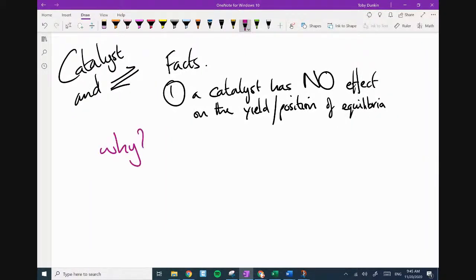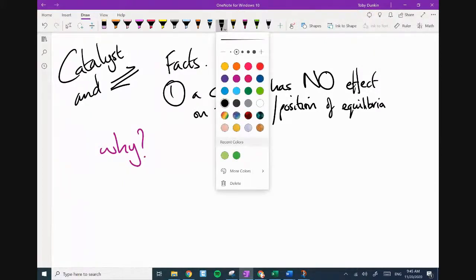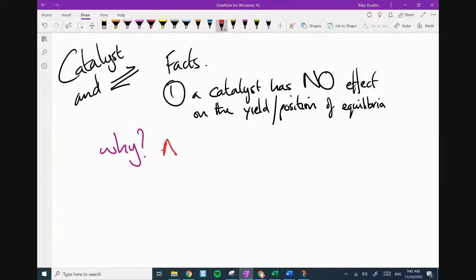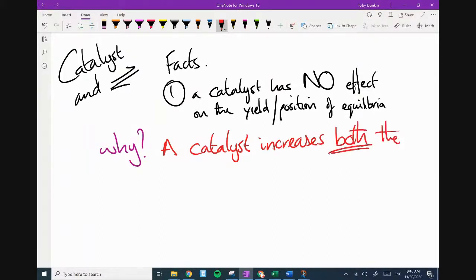The reason is that a catalyst increases both the forward and backward reactions equally.